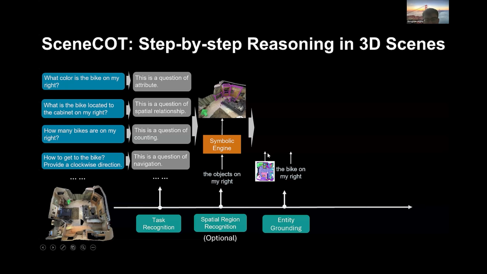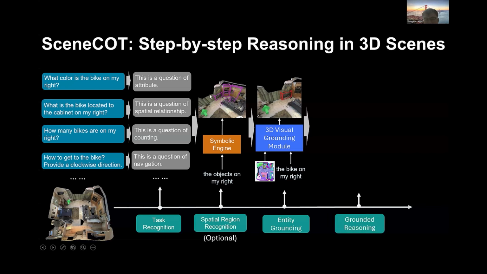Given the text and the 3D scene with the object-centric features, we will predict the object probabilities, and then choose the target object from the objects in the sub-region.